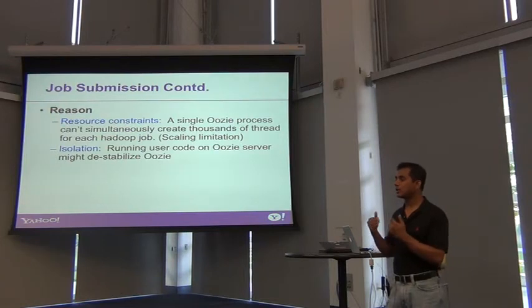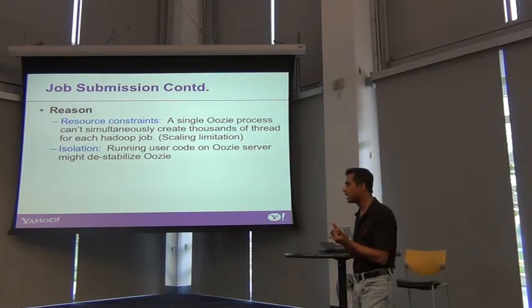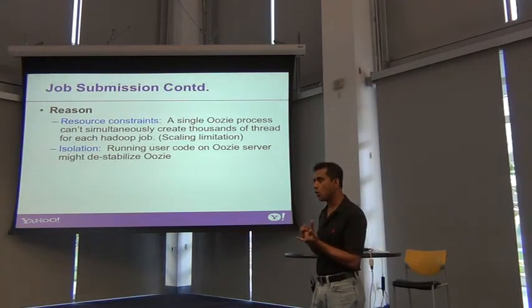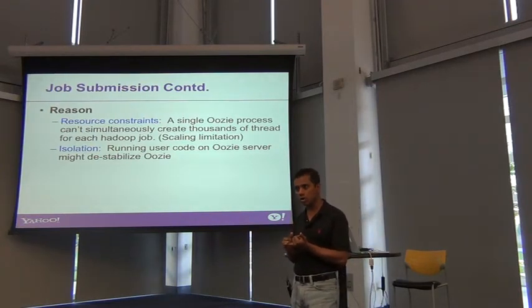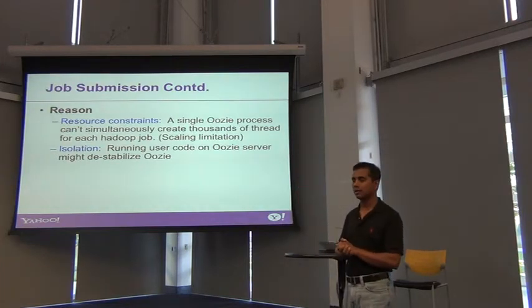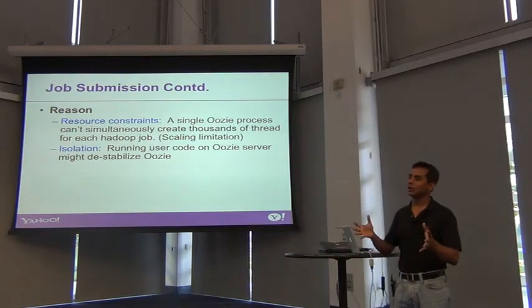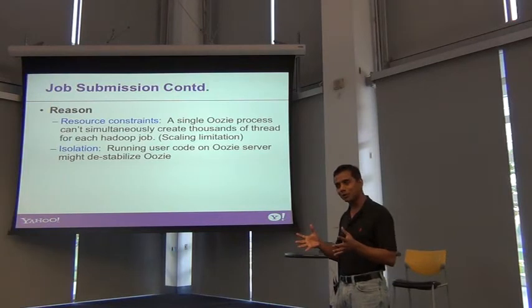When we say executing the user job, what does it mean? We are running a Hive script or a Pig script or a MapReduce job or Java code you want to execute. All these things are user applications. There is a joke I always tell that Oozie itself has a lot of power, and we need to take care of those things.